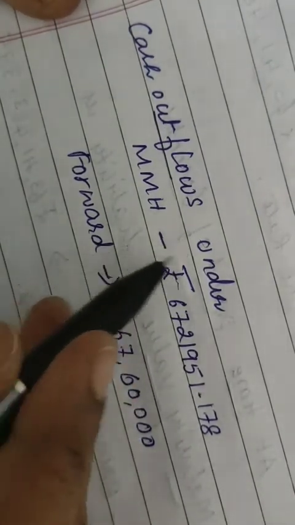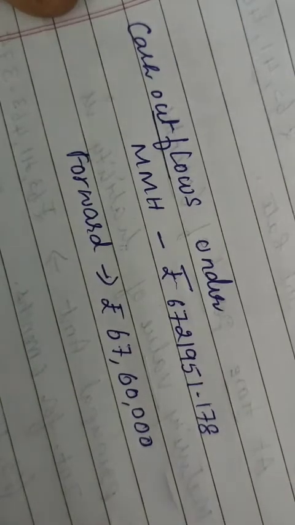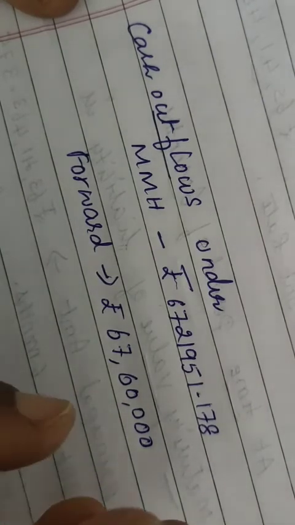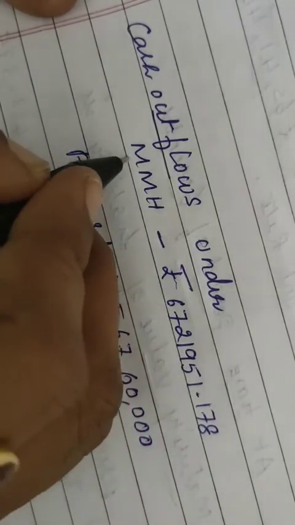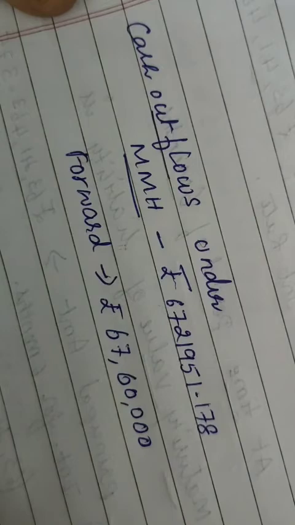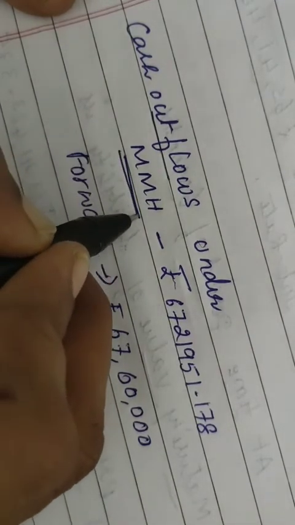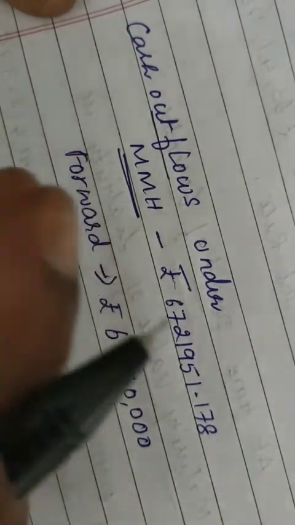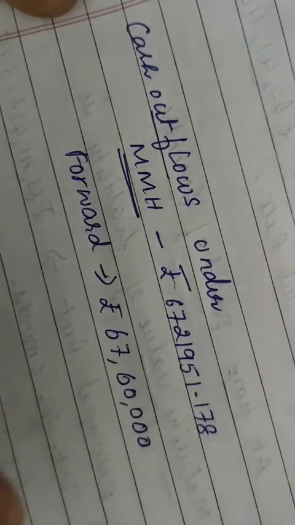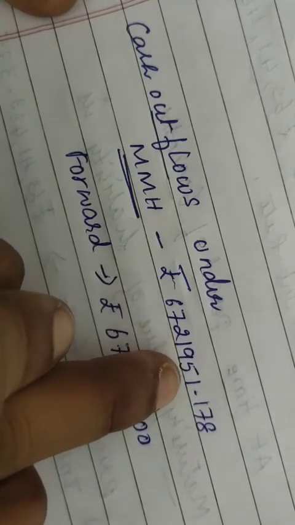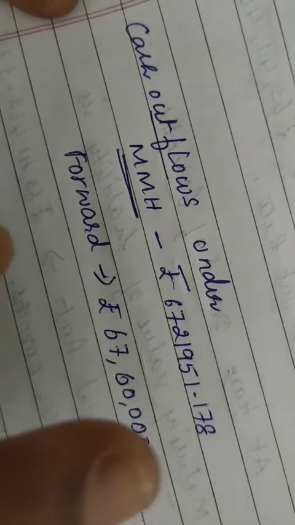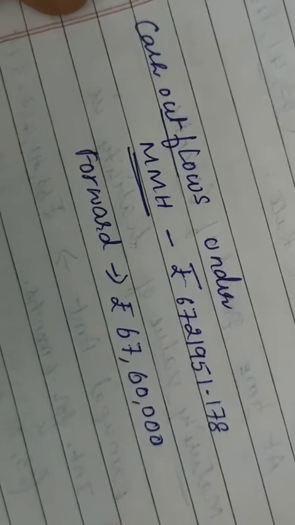So comparing these two hedging strategies, it is preferred to adopt the money market hedging strategy. So under money market hedging strategy, the cash outflow after 6 months will be rupees 67,21,951.178. It is comparatively less than the forward.